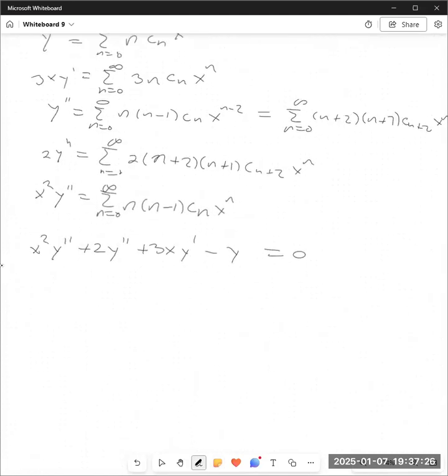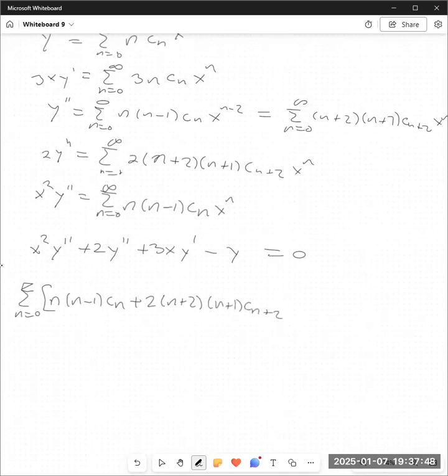So that's going to be the sum from n equals 0 to infinity of n times n minus 1 c_n, plus 2 n plus 2 n plus 1 c_(n+2), plus 3 y prime, so that's plus 3n c_n, and then we have minus c_n, all times x to the n, equals 0.